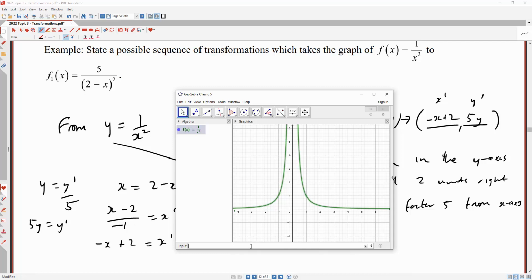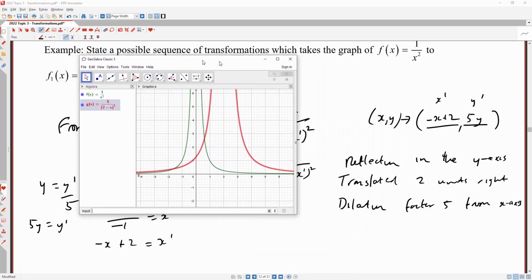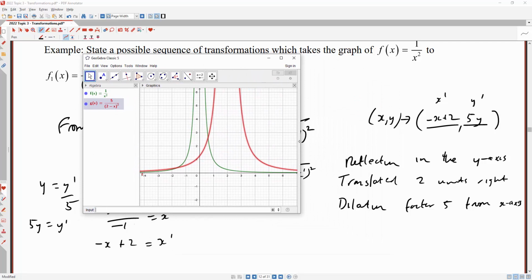I'm going to call that g of x equals 5 over 2 take x all squared. There it is there. Alright, so the red function is what the green function becomes after running these transformations.